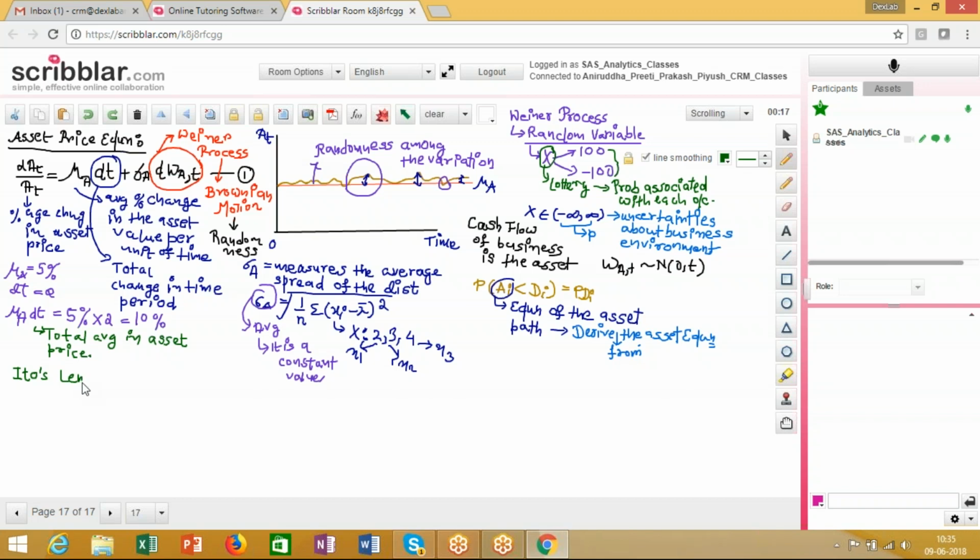Now, from this equation, which shows the rate of change of the asset price path, we can use Ito's lemma, right? And from there, we can actually identify the path of the equation.